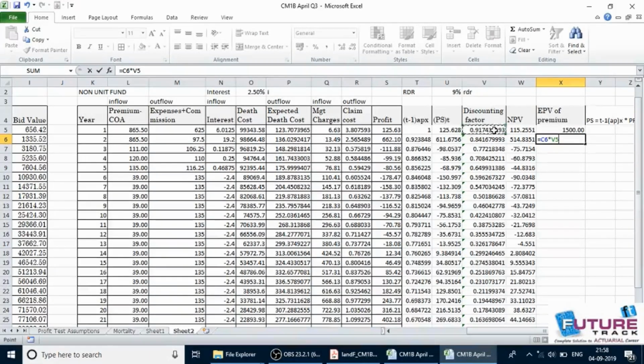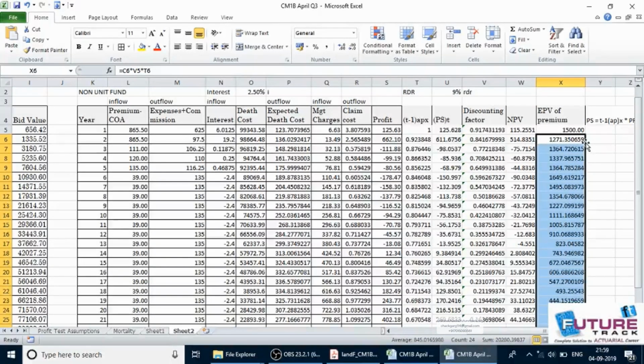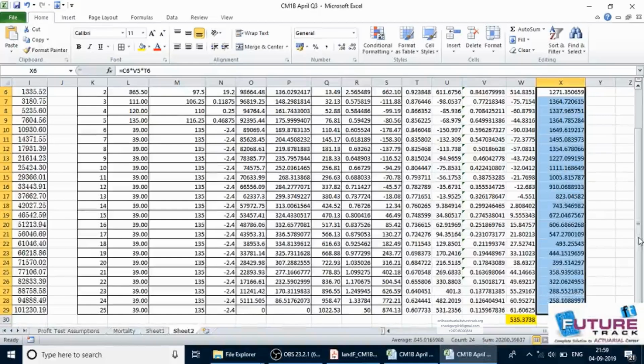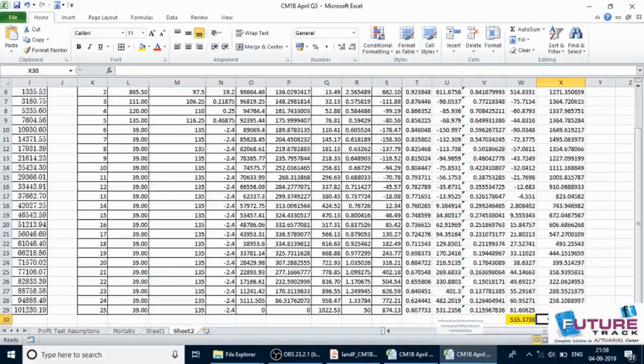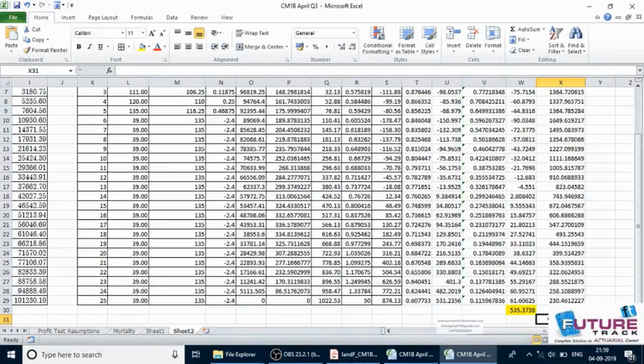So we have just multiplied by V into the probability of survival, that is APX. So take care for all this, V into APX, and double click this. So we get the EPV of premium for the rest of the years. Fine. The sum of all this, alt equal to, enter.